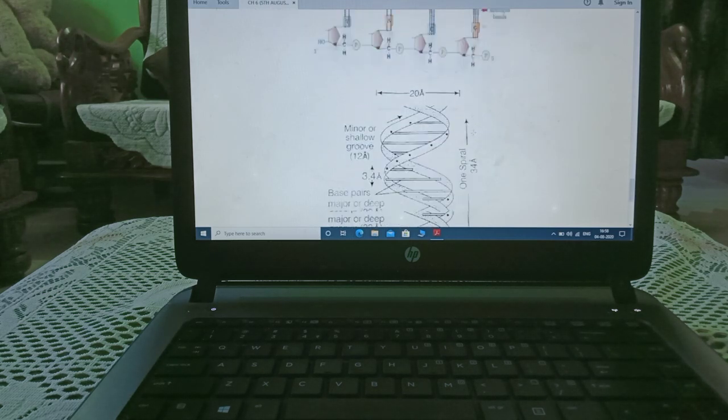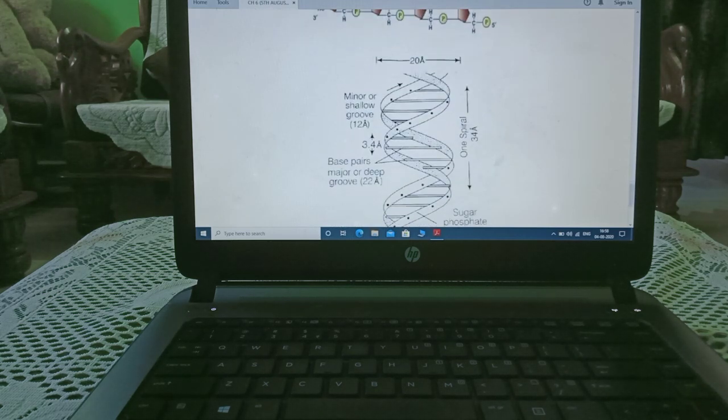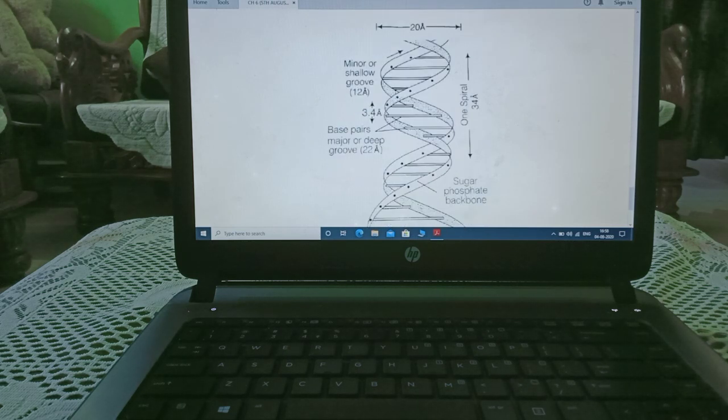Now this is the DNA structure. This distance is 20 Angstrom, and this is the minor or shallow groove, this is the major groove. You can see this is 22 Angstrom, and here the gap between small spirals is 3.4 Angstrom. So a complete spiral means 10 spirals are coming together.